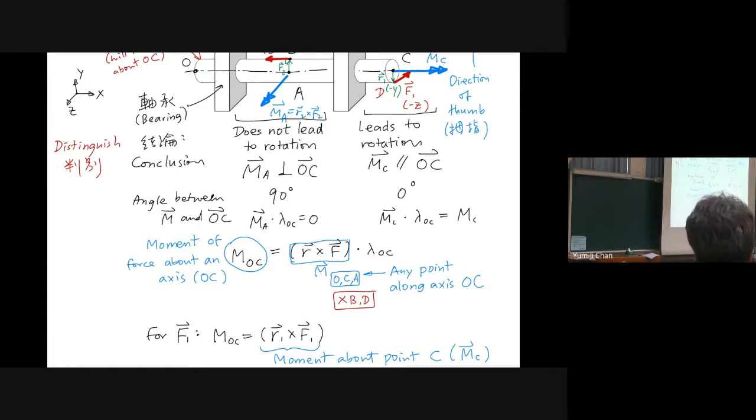The next step is to carry out the dot product between this MC and the unit vector of OC.